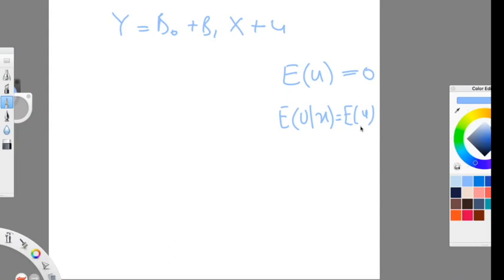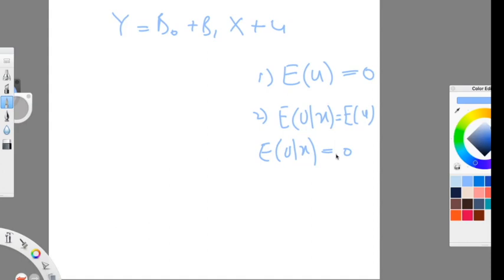We've just, in the first assumption, assumed that the mean value of the error term is 0. So the second assumption is called the zero conditional mean assumption, which is saying that the mean value of the error term given any value of x is 0 in the population.